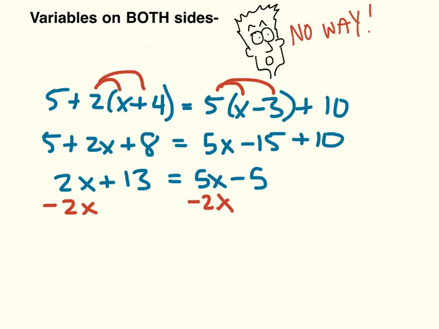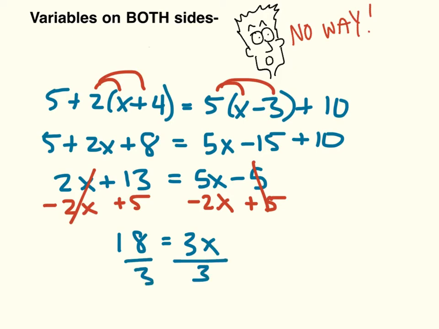And I want to get my constants on the other side, so I'm going to add 5 to both sides. So here these eliminated, and so did these. So we have 18 is equal to 3x. And then dividing by 3 gives me x equals 6. And then you can, of course, just go back and plug that in to see if that worked again.